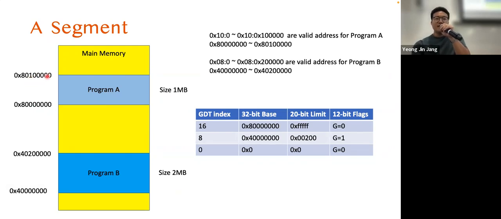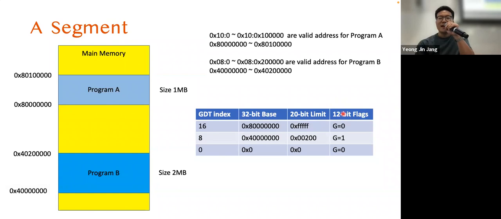We can define the area of program A like this. We set the 32-bit base address as the base address of program A, and the limit address as FFFF, which is the maximum, all bits 1 for the 20 bits. Then it will allow a region from 0 to 1 megabyte, starting from this base address.